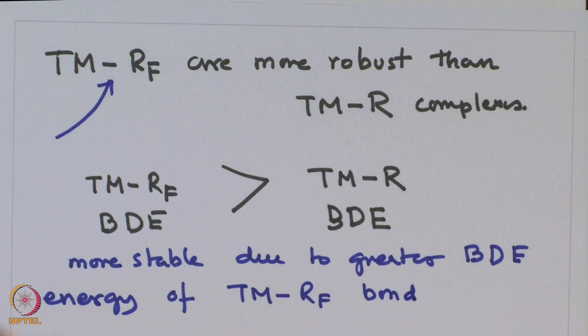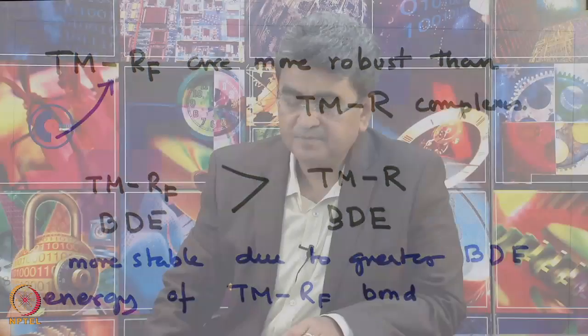So, what we have discussed in this lecture is that these transition metal perfluoroalkyl compounds behave differently compared to transition metal sigma alkyl complexes. Furthermore, this difference in behavior arises because of the higher bond dissociation energy of transition metal perfluoroalkyl complexes with respect to the transition metal alkyl bonds.